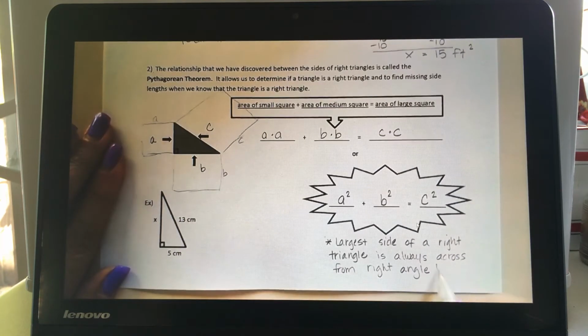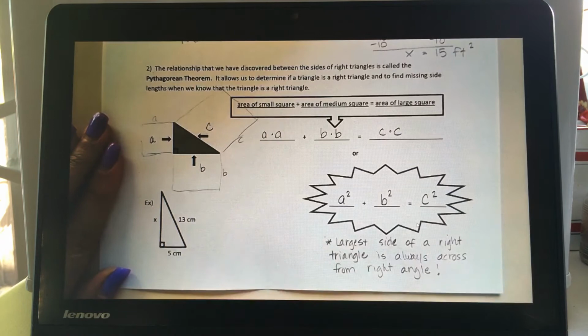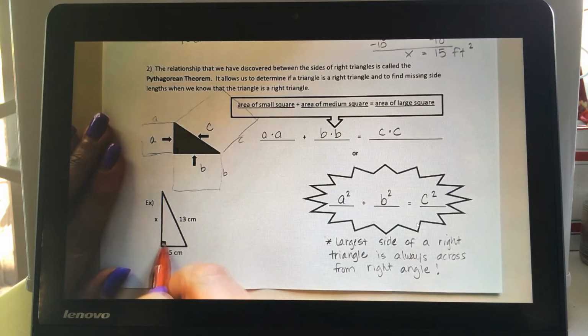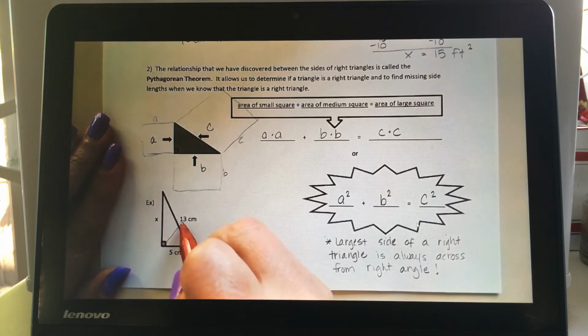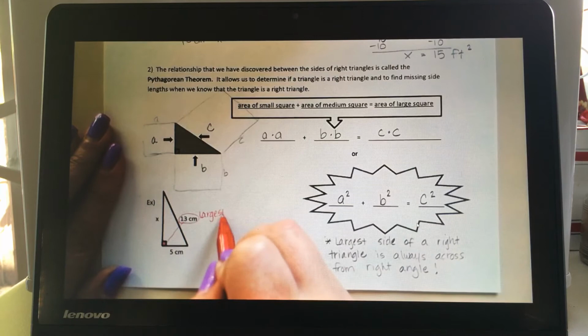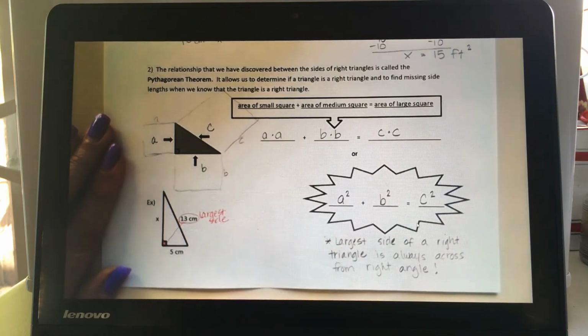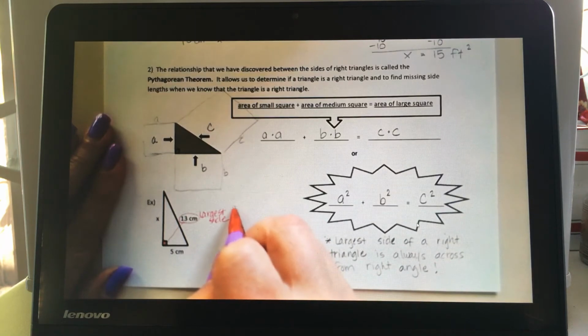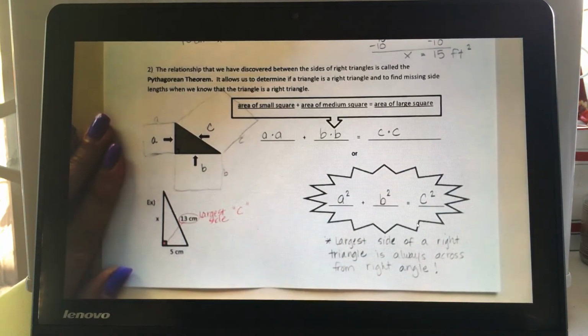So knowing that it's across from the right angle, that means that for any of these right triangles, find that right angle. Across from that, here's our largest side of our triangle. So that's going to tell us that this is always going to be that value for C.